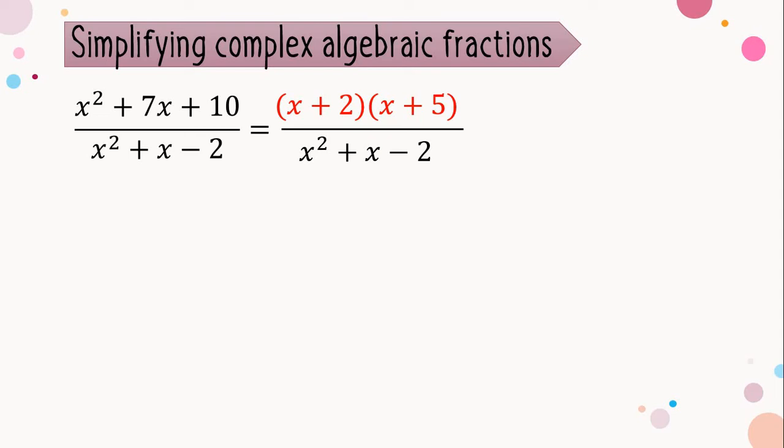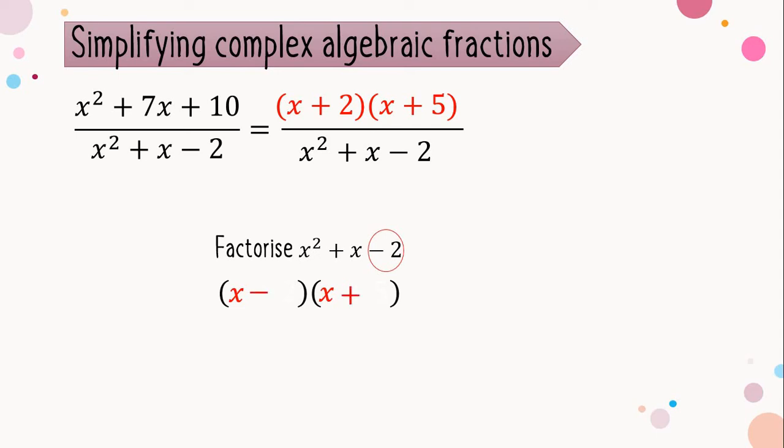Then we need to factorize the denominator. Okay, I will make it faster, yeah? So I will not draw the box. Remember, if that is a quadratic expression, there will be 2 brackets. And then this is x squared, so it comes from multiplication of x and x. And then this is negative 2, so it comes from positive multiplied by negative.